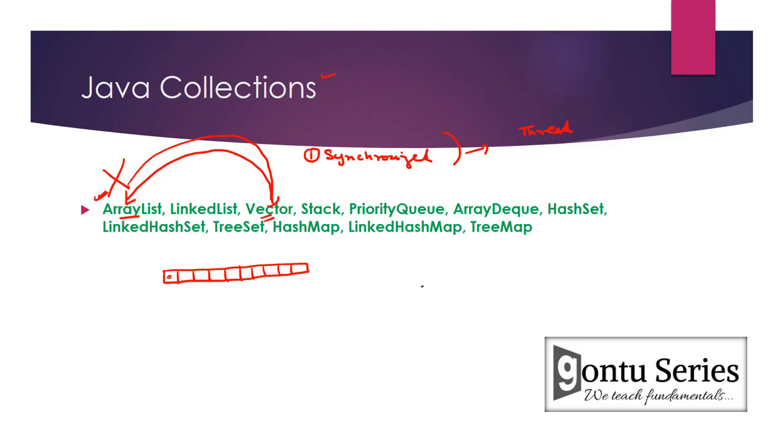Once you fill up the elements in this array list fully and you try to add one more element after you fill up its capacity, what happens behind the scenes? Behind the scenes, the JDK checks the current capacity of the array list, takes 50% of that and adds it.